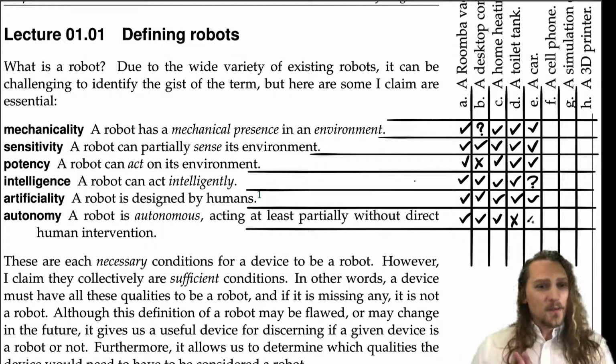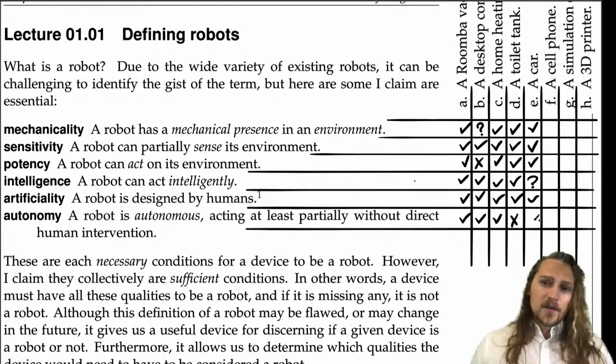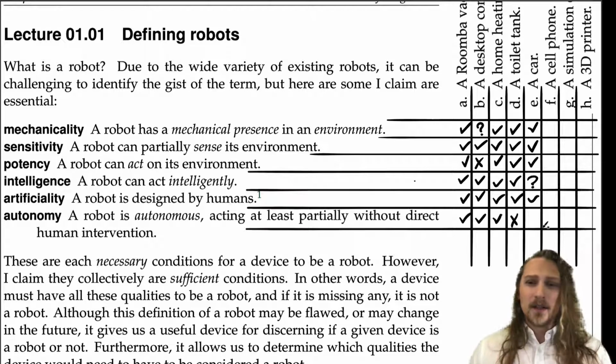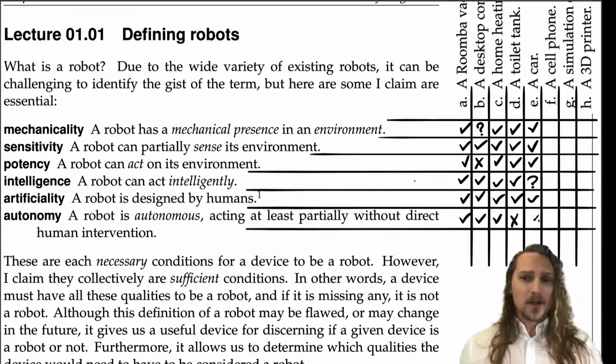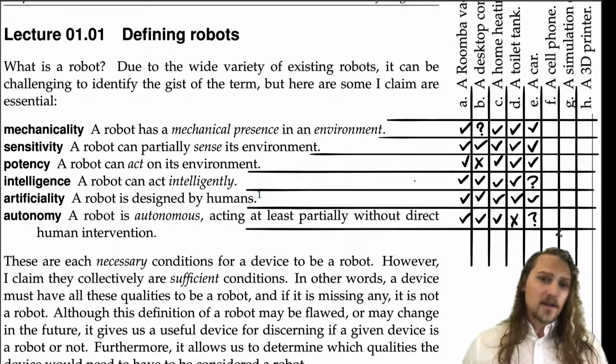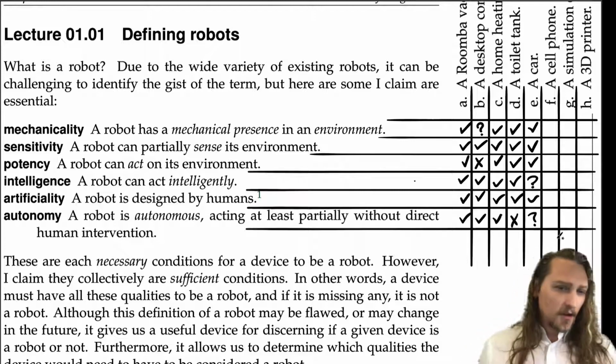It will decrease it when the speed is too high. So this one is sort of marginal. Its entire function as a vehicle, though, to move us around, is not really met autonomously unless it's a self-driving car. So I would say this one is a question mark. In some cases, yes. In other cases, no.